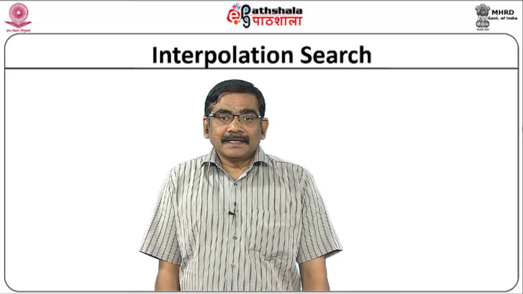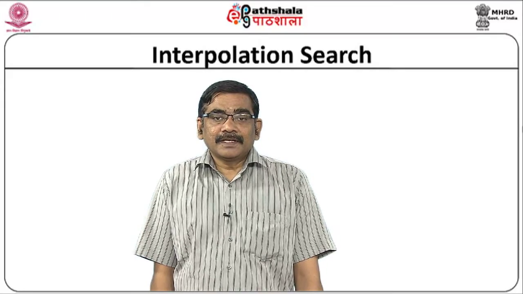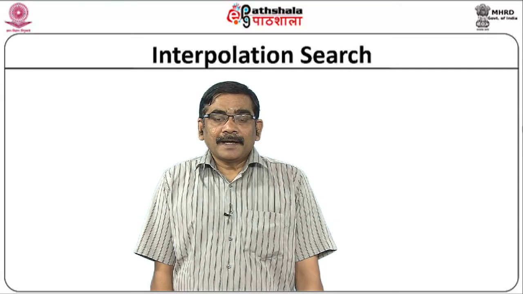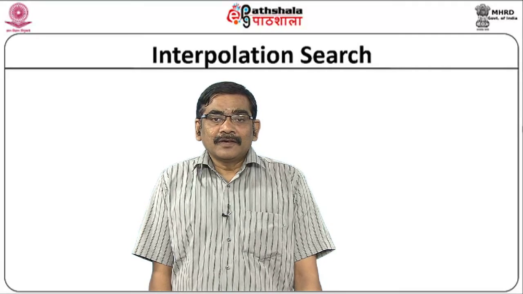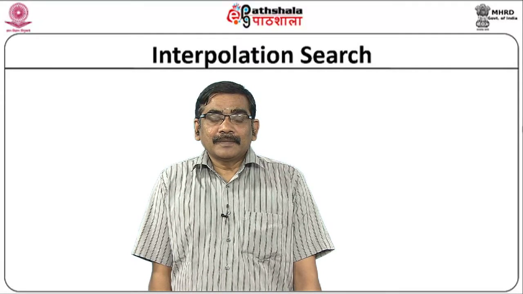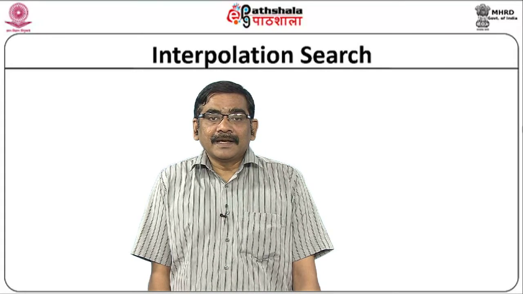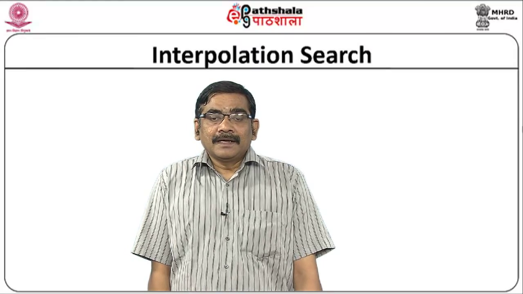Let us consider a dictionary. For example, let us say I am going to search for a name like Qadir. Are we going to apply binary search, where the English letters from A to Z are cut short by half as A plus Z divided by 2? No, it is not.